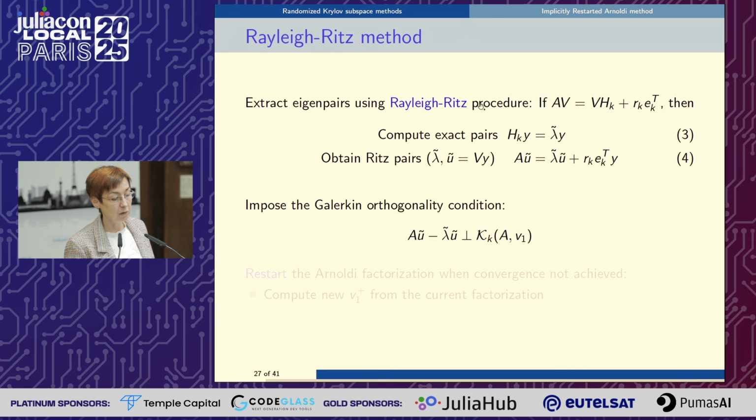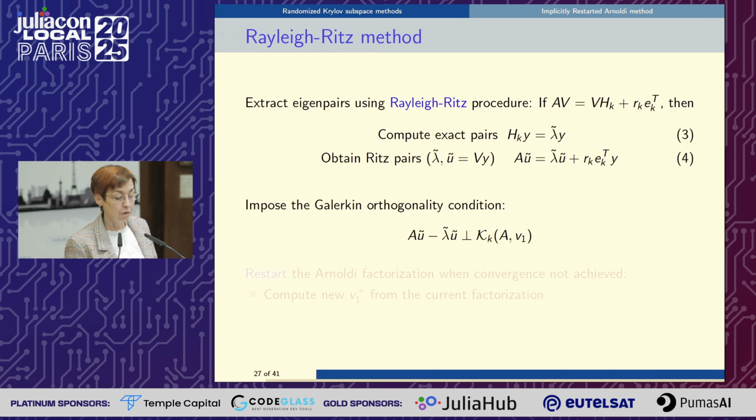And then the eigenpairs are extracted by using the Rayleigh-Ritz procedure, which consists in computing exact eigenpairs of the Hessenberg matrix, which is of small dimension, and from those obtaining Ritz pairs, which are approximations of the eigenvalues and eigenvectors of the original matrix A. This is obtained by imposing the Galerkin orthogonality condition, so the residual is orthogonal to the vectors in the Krylov basis.